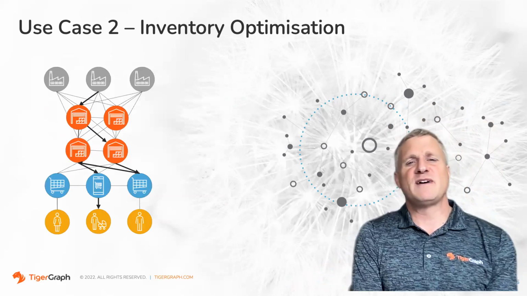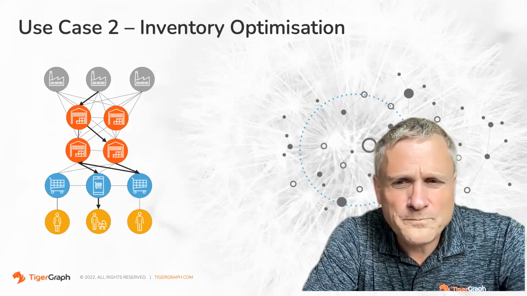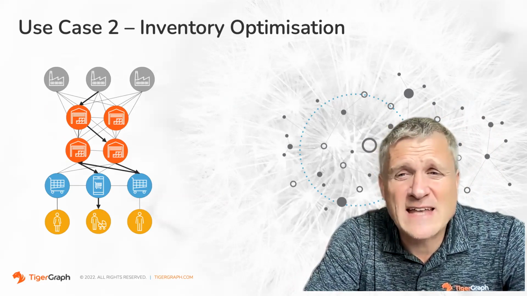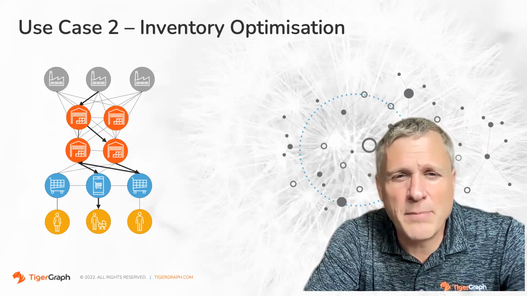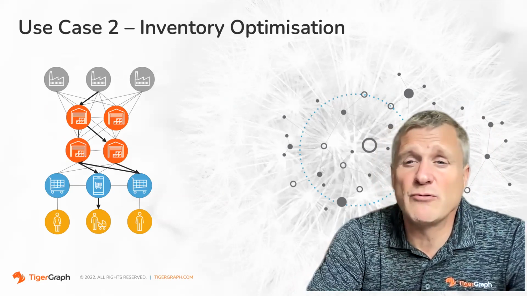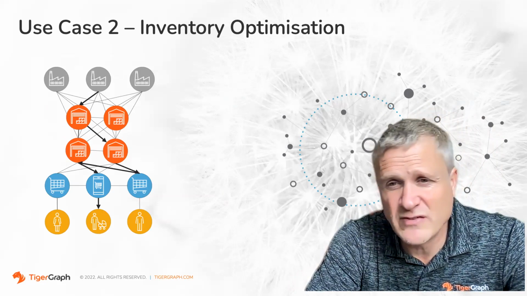The second thing is inventory optimization. I guess it's not a great picture here, but supply chains are hard right now for businesses. Getting the right products to the right place, either as a retail business or a manufacturing business or whatever, is really, really hard. And the only way they've done it historically is by keeping large amounts of inventory.